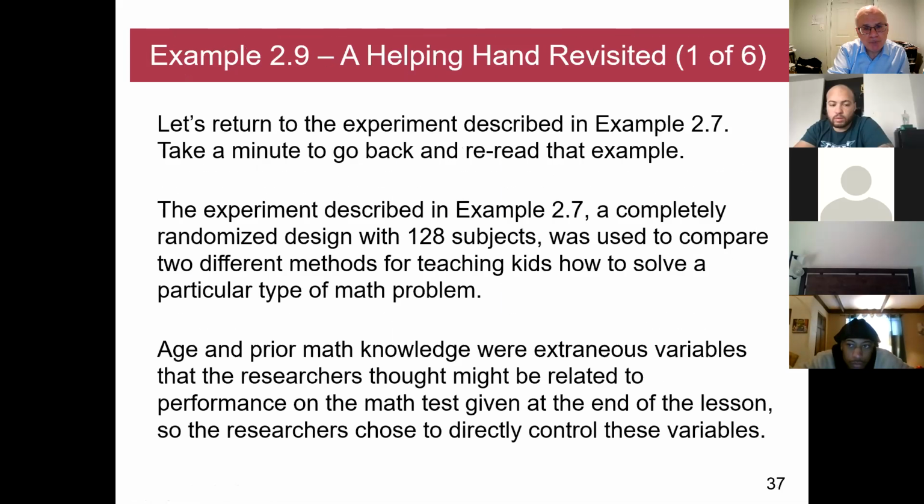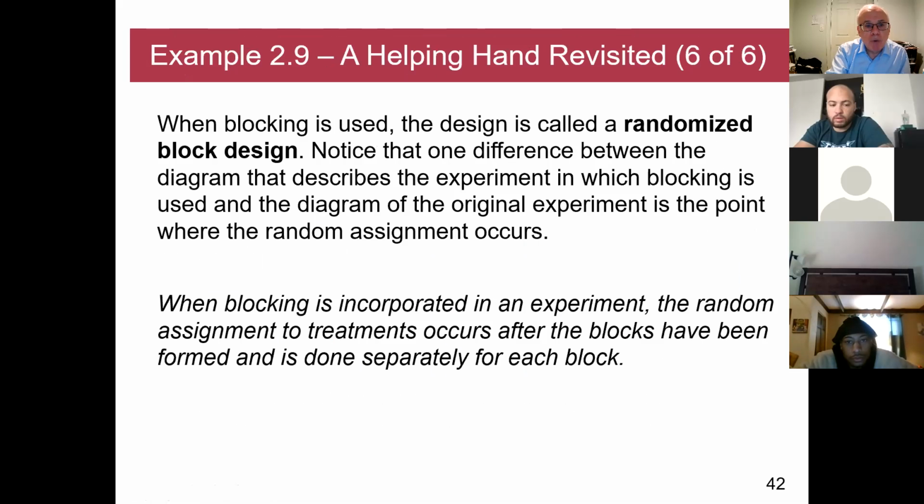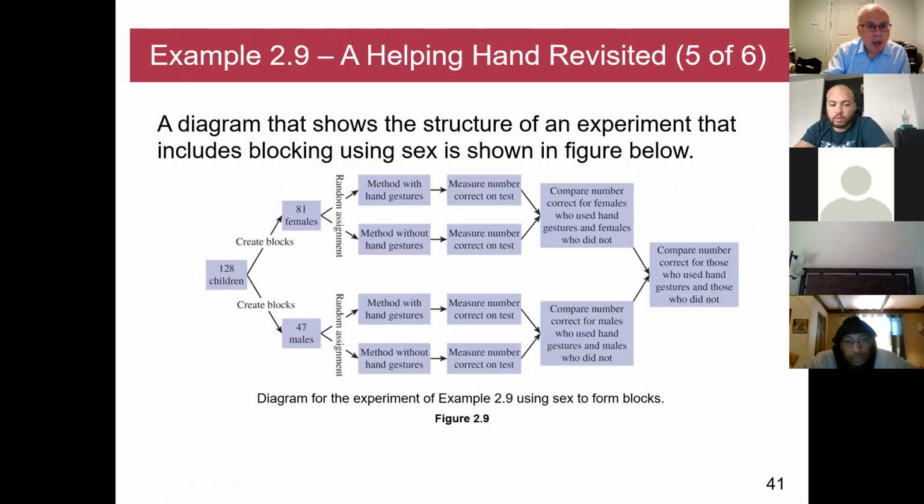Then I want to show you another case here. This one looks a little more complicated, but this is called a block design, and they use the term randomized block design. How does that work? Before we actually randomly assign treatments, we break the initial group, in this case 128 children, into blocks.